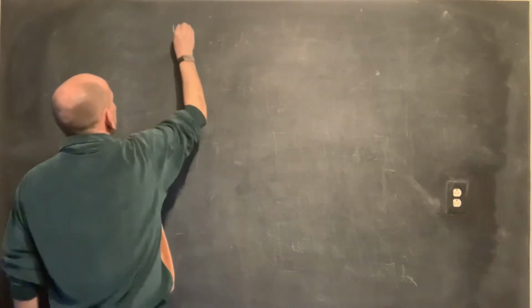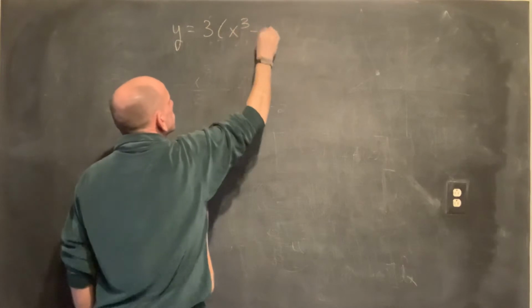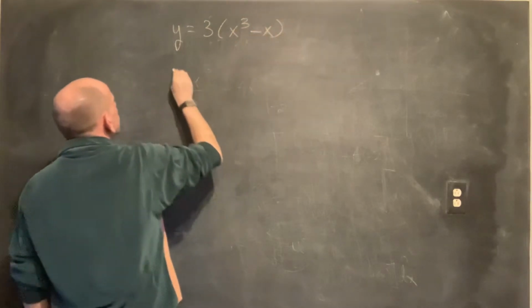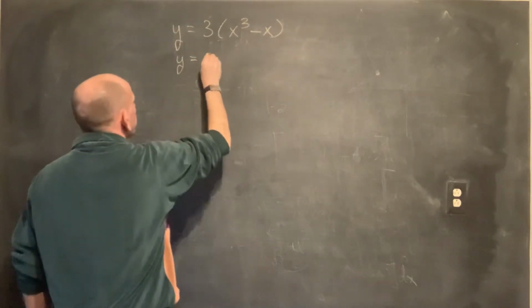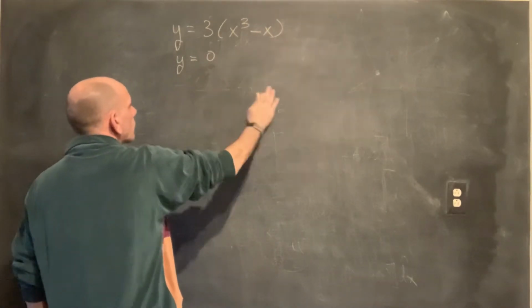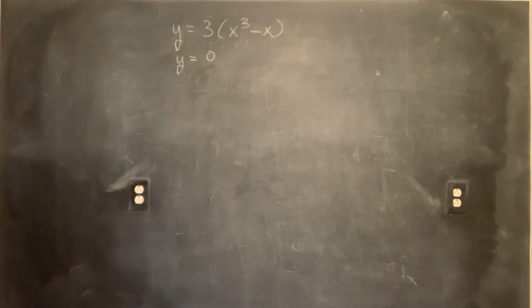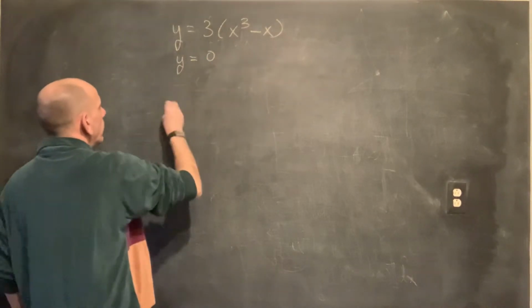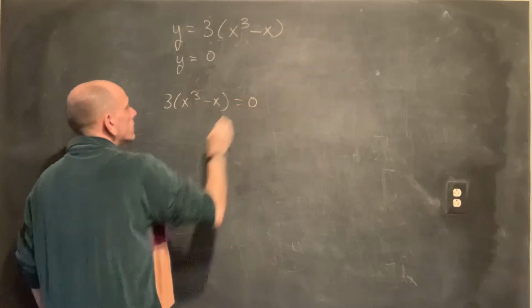Let's try y is equal to 3x cubed minus x, and y is equal to 0. Okay, so let's start off just by finding out where 3x cubed minus x is equal to 0.